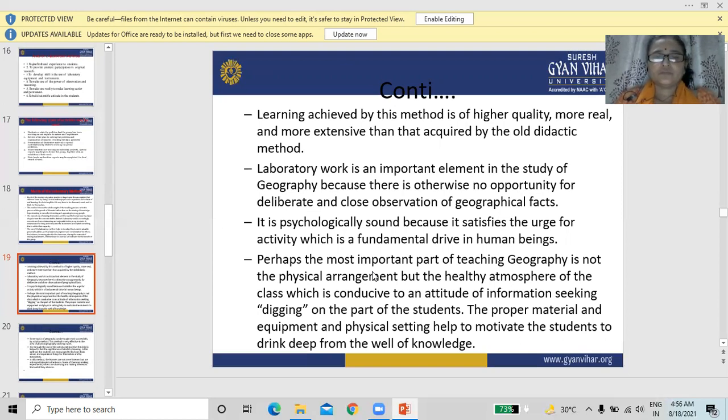Perhaps the most important part of teaching geography is not the physical arrangement but the healthy atmosphere of the class, which is conducive to an attitude of information seeking, digging on the part of the students.